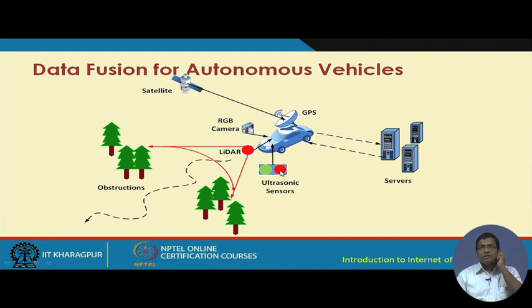Let us consider the scenario of decision fusion for autonomous vehicles. Autonomous vehicles like autonomous cars interact a lot with the environment. When there is a driverless car, for instance, they need to take help of these different sensors.